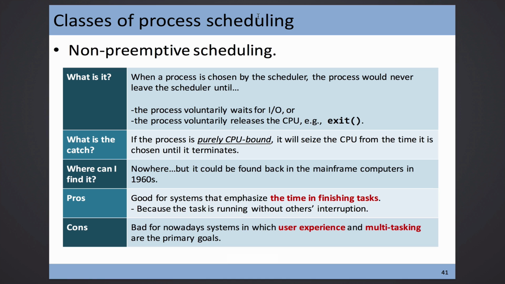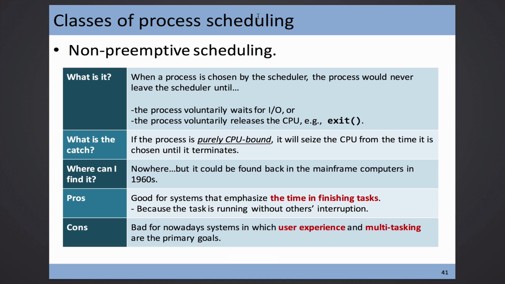And we have two classes of process scheduler: preemptive and non-preemptive. The non-preemptive scheduler is very, very uncommon now. In the very old days, you can pick up any OS textbook, and usually the first chapter talks about OS history. You will find things like 1968, non-preemptive scheduler.